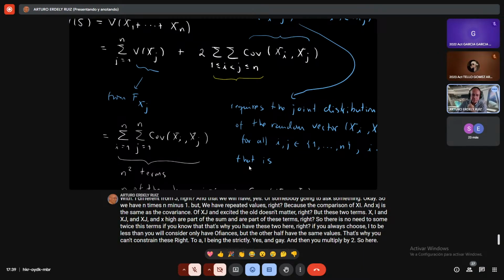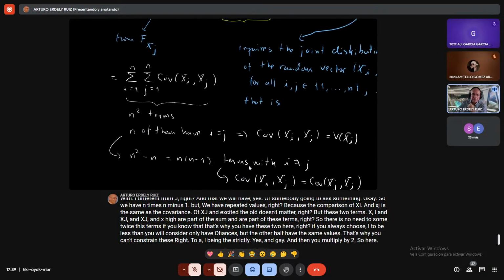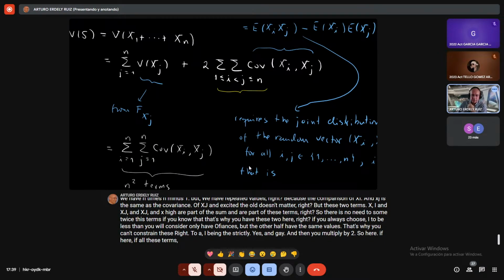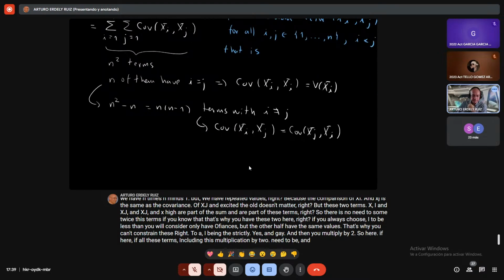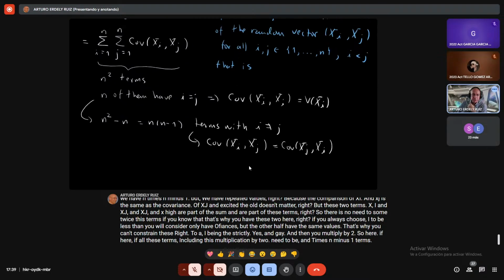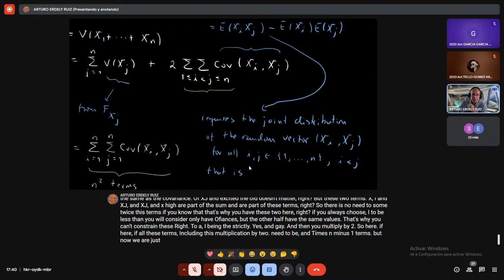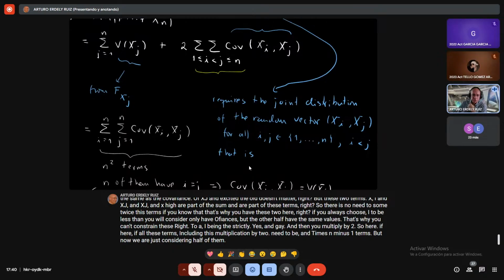So here, if all these terms need to be n times n minus 1 terms, but now we are just considering half of them. Of course, the answer to my question is n times n minus 1 divided by 2 terms.